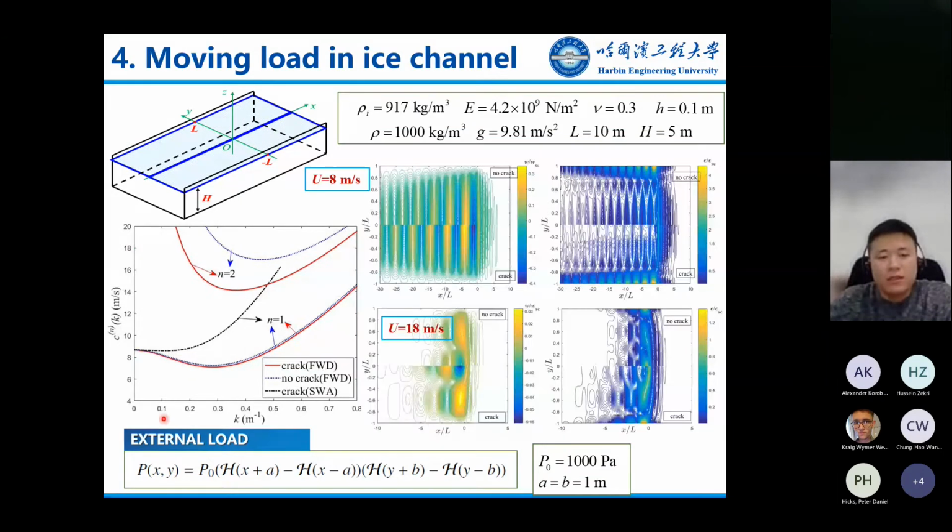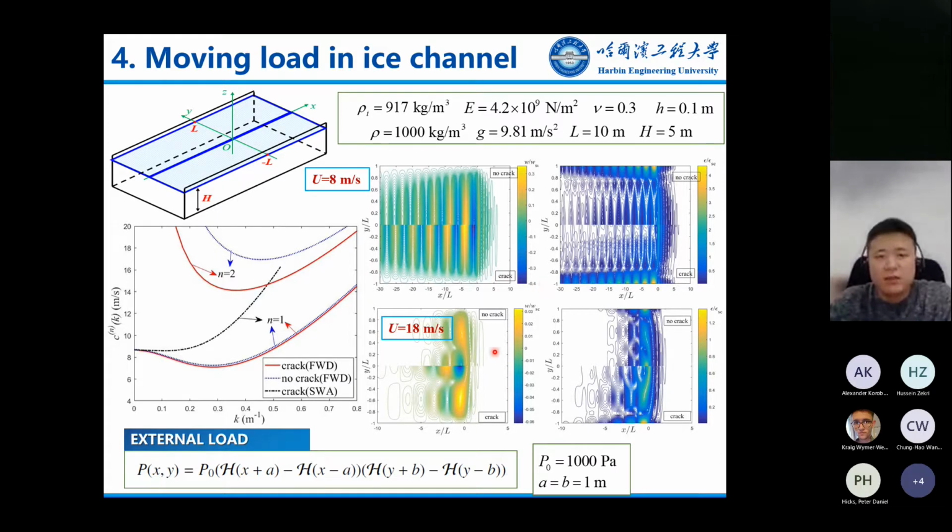The three-dimensional contour map of the ice deflection and strain distributions are presented here. The upper half plane represents the results of no crack, and the lower plane represents the results with a crack.